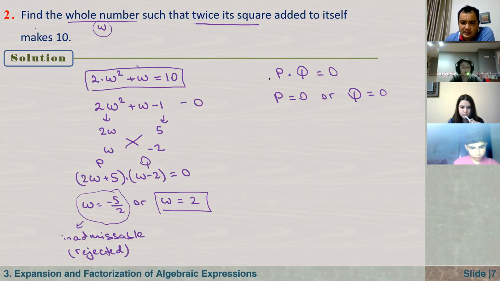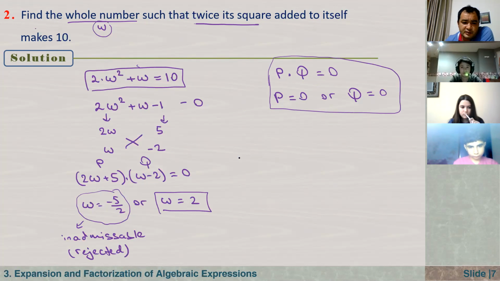So I'm using this logic, because the product of two numbers is equal to 0 if and only if at least one of those numbers is equal to 0. Otherwise, if you multiply two non-zero numbers, the result is never 0. It's always a non-zero number, right?